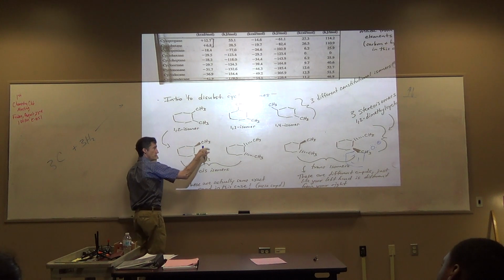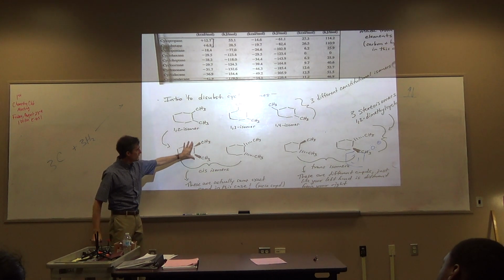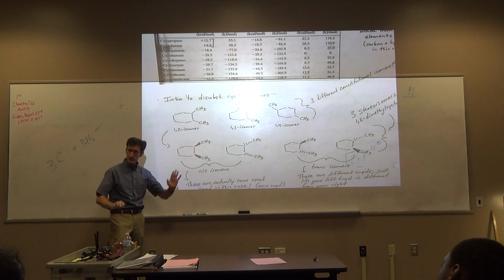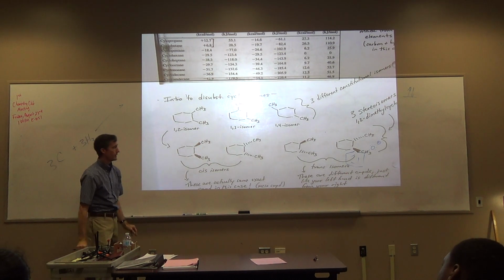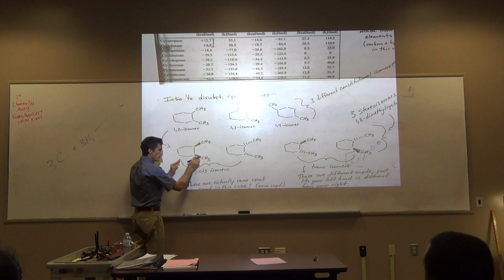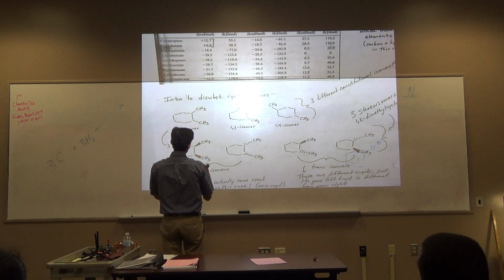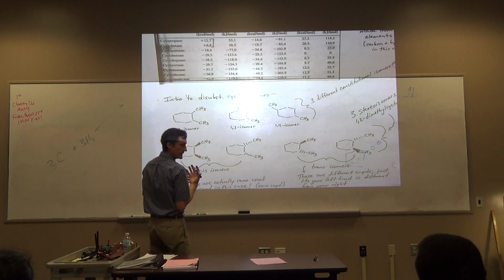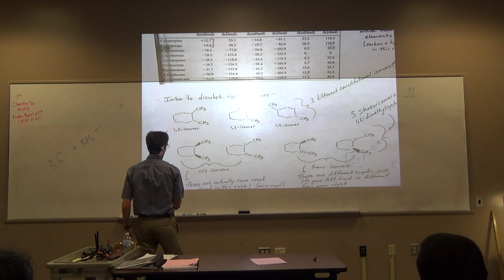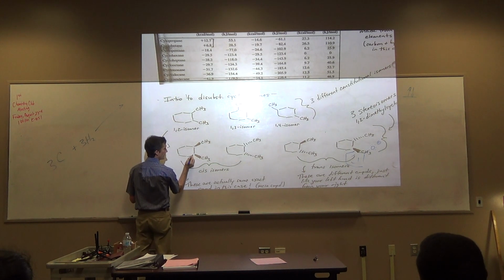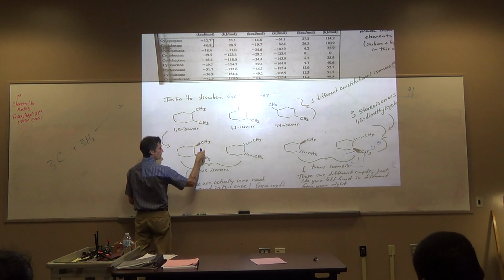Both tetrahedral. So you can have this option. Both methyls could be forward, and when we make a bold bond like this, that means it's projected forward. You start out skinny, and as it goes, it's like if I'm looking at it and the methyl's coming forward, it gets bigger as it gets closer to it. So this is supposed to be getting bigger here. All right? Both coming forward.